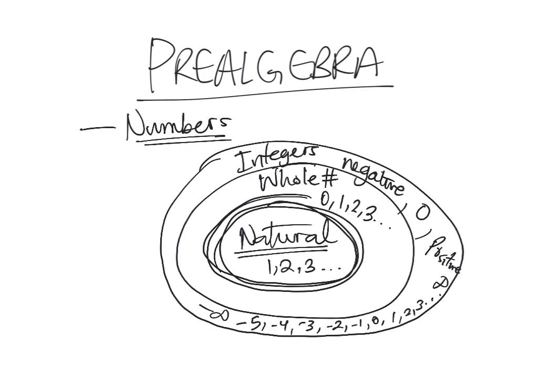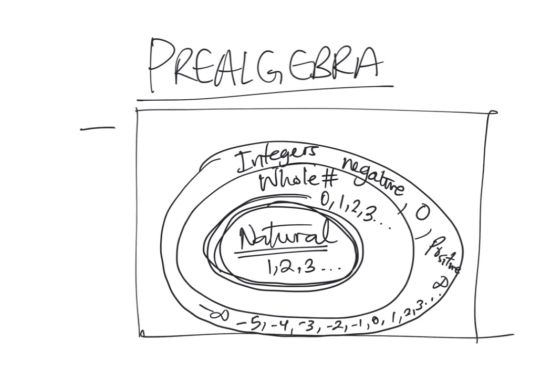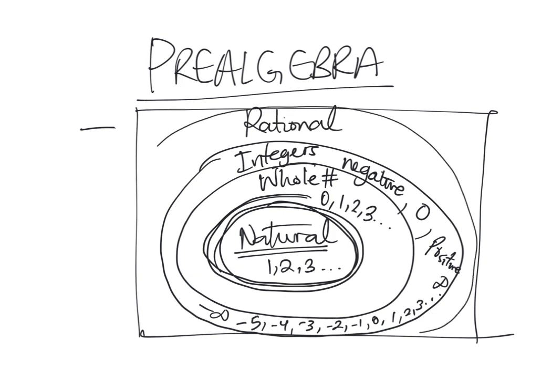The next category up from integers would actually be rational numbers. So if I can move the numbers here out of the way, we can say there's a category here, and we're going to call that rational numbers. Everything here belongs to rational numbers. Rational numbers are basically numbers that can be written in the form of a over b.